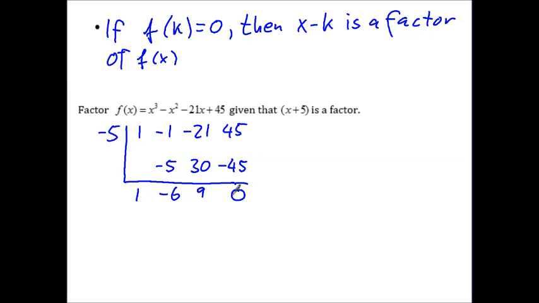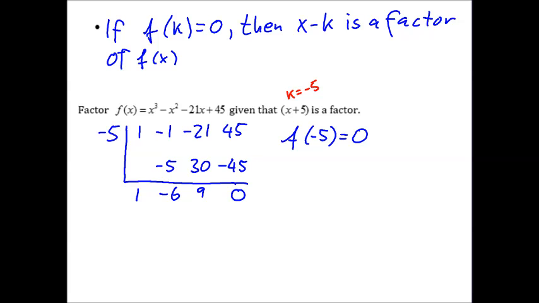So we know that f of negative 5 is 0. In other words, this is a 0 of our function, and x plus 5 was one of the factors. So let's sum up the result of our synthetic division.